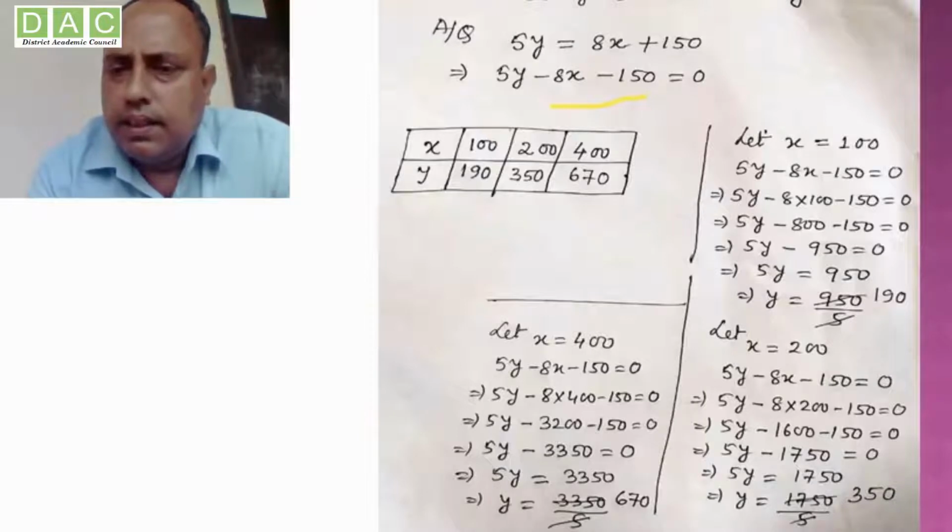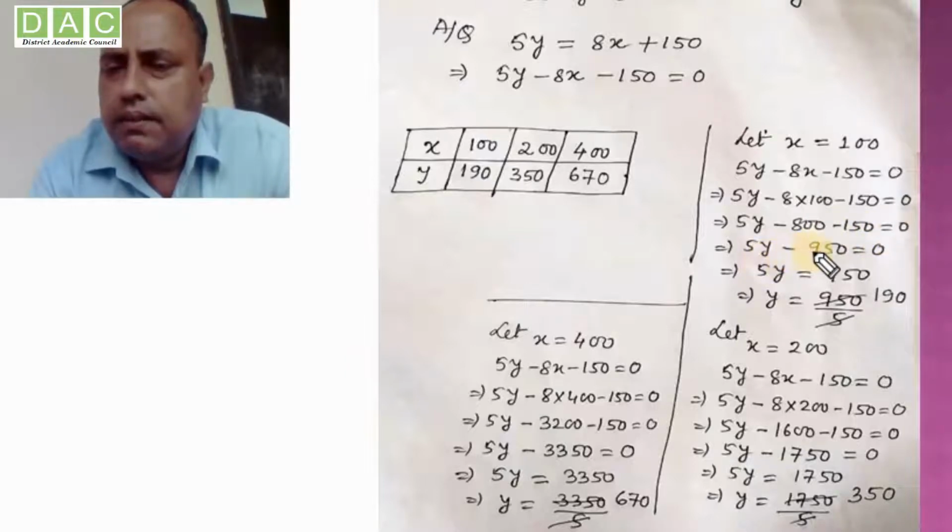Now let us suppose x equals 100. So 5y minus 8x minus 150 equals 0. Next implies 5y minus 8 into x, which is 100, 8 into 100, minus 150 equals 0. Next implies 5y minus 800 minus 150 equals 0.